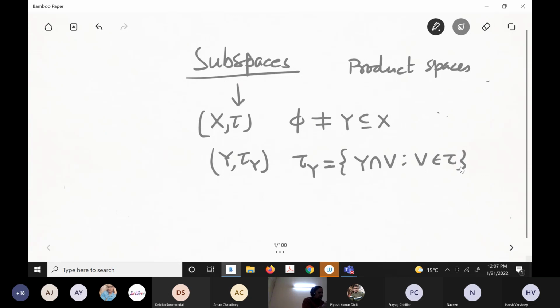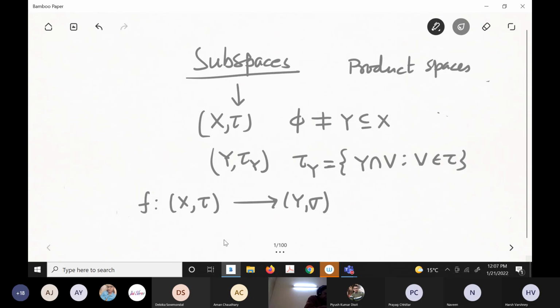Now with respect to subspace topology, two things should be clear. First, suppose you have a function between two topological spaces.